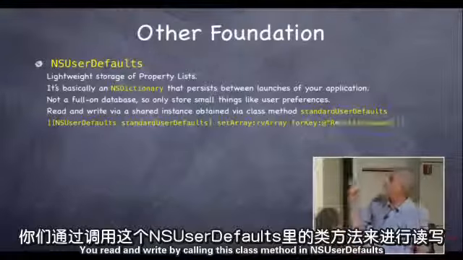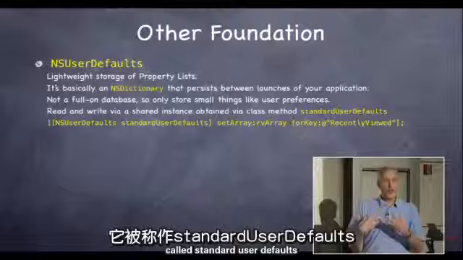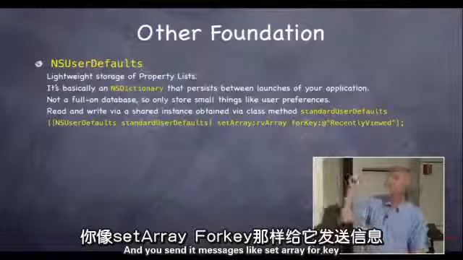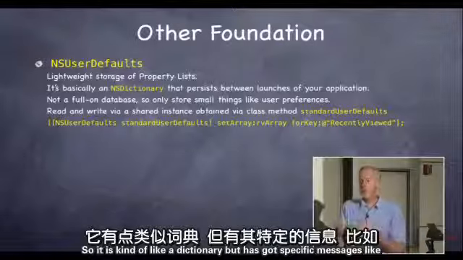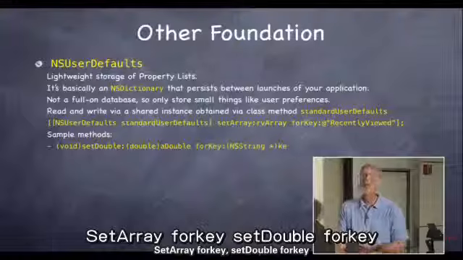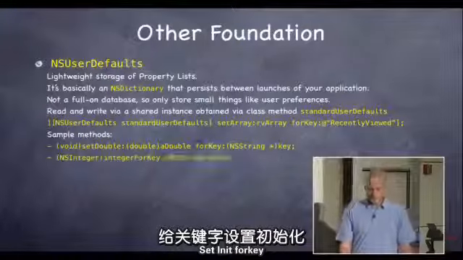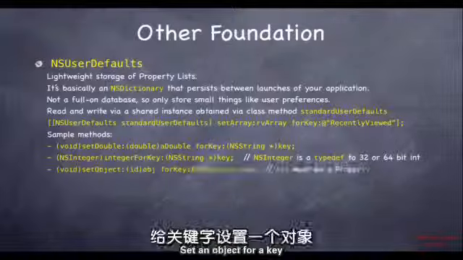You read and write by calling this class method in NSUserDefaults called standardUserDefaults. It gives you an object, and you send it messages like setArray:forKey:. So it's kind of like a dictionary, but it's got specific messages like setArray:forKey:, set a double for a key, set an int for a key, get an integer for a key. Set an object for a key.